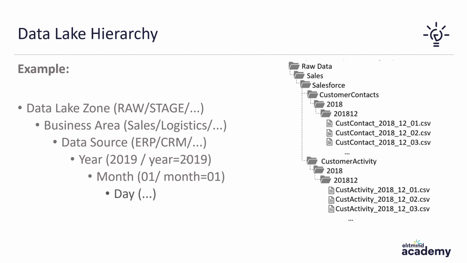So keep in mind that the naming of your folders or the parts of the path for each file should be consistent, and it can be different in many situations.